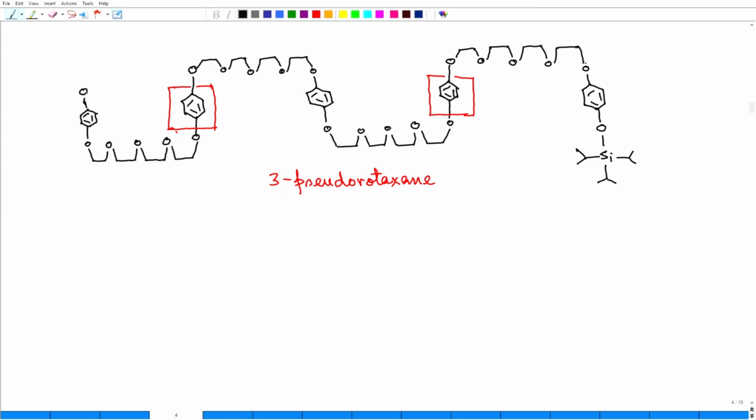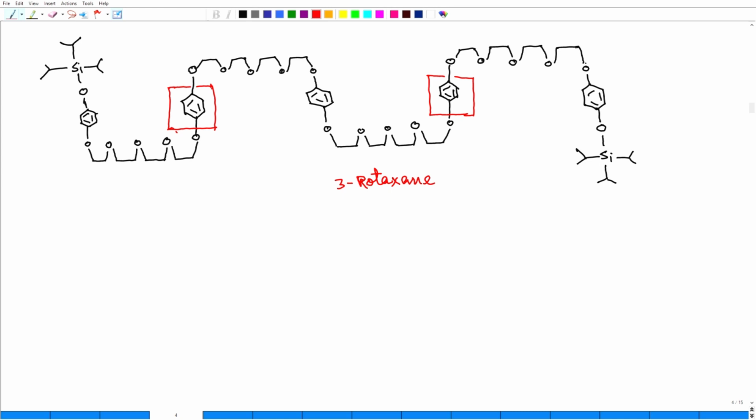So, from 3 pseudo rotaxane, I made 3 rotaxane like this.